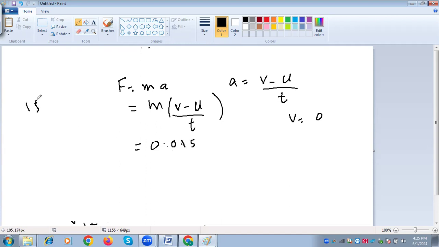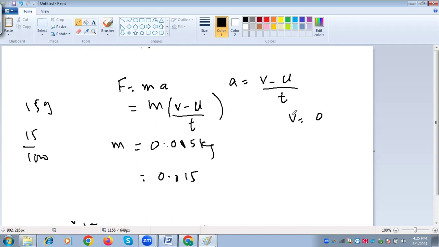This is 15 gram, so divided by 1000, 0.015 kilogram. Okay, and this is the mass. So 0.015. And what is the acceleration?